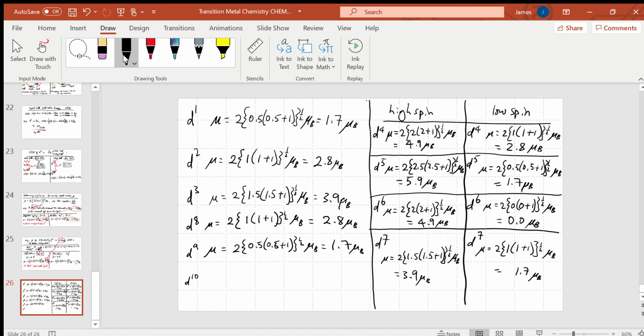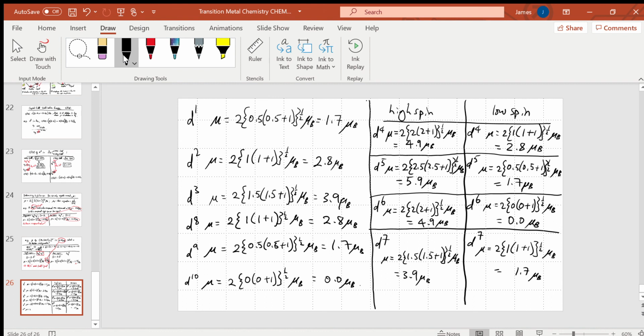And then finally, for D10, we have no net spin. So it's 0, 0 plus 1, square root Bohr magneton, which is 0 Bohr magneton.